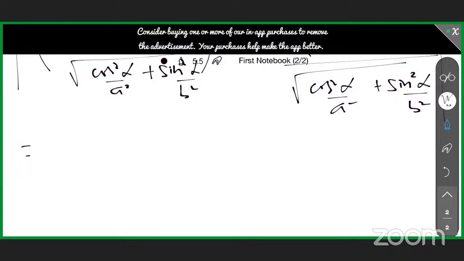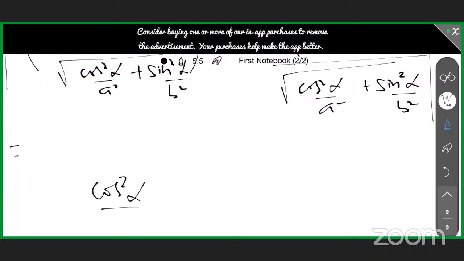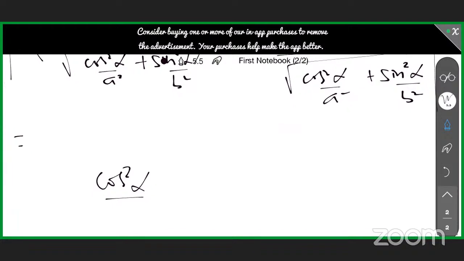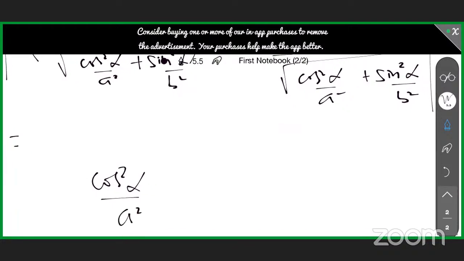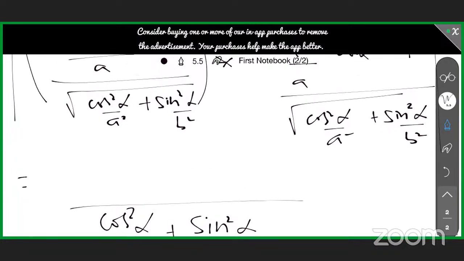Because here both are same, it will become cos square alpha by A square plus sin square alpha by B square. This is the denominator.